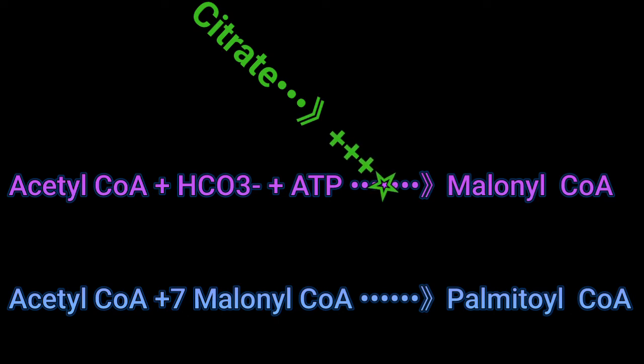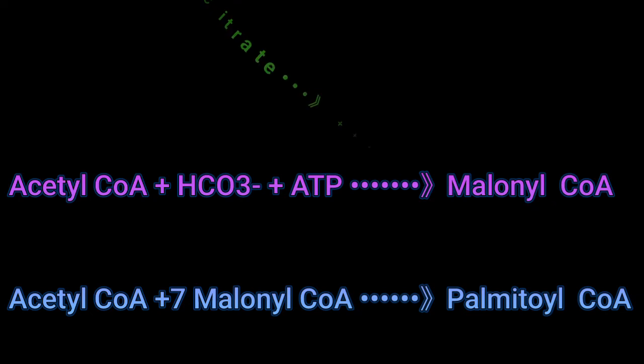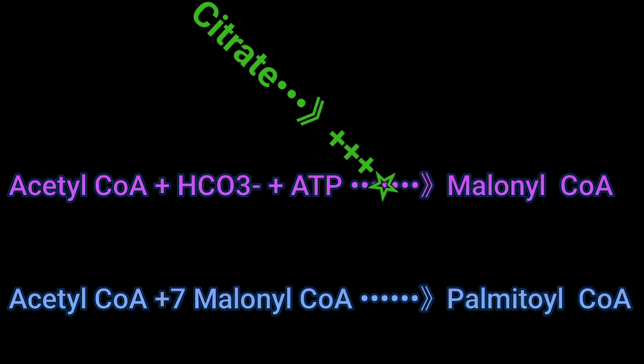So the enzyme in the polymer or multiple subunit form is more active than the monomer form. As such, when citrate is elevated in the cytoplasm, it will activate acetyl-CoA carboxylase, and therefore fatty acid synthesis will be activated as well.